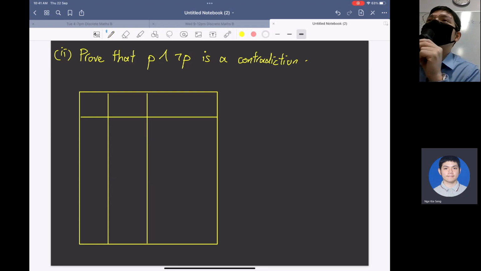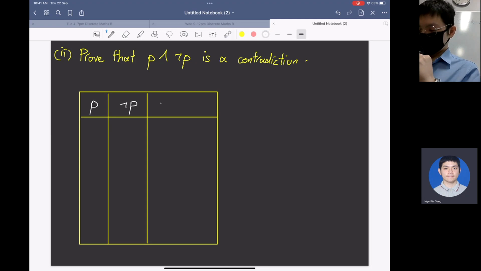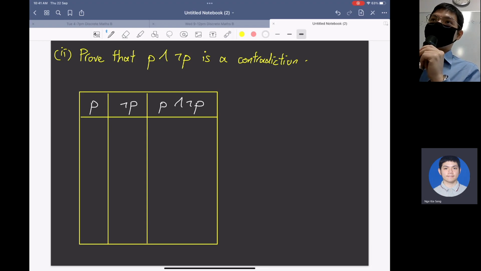P in the first column. Then not P. Then P or not P? No. Yes. Okay. Yes. P and not P. And then what do you fill?